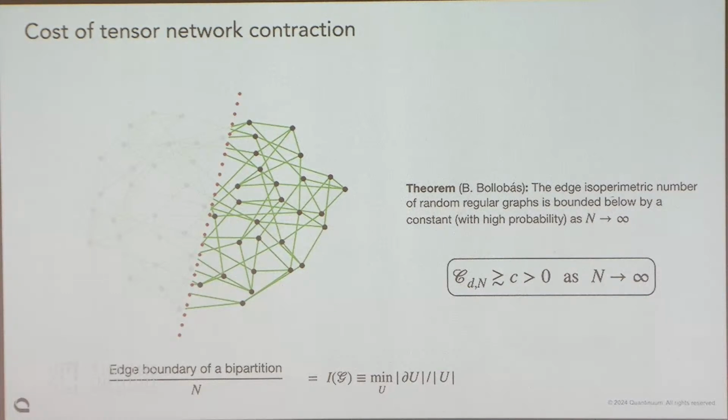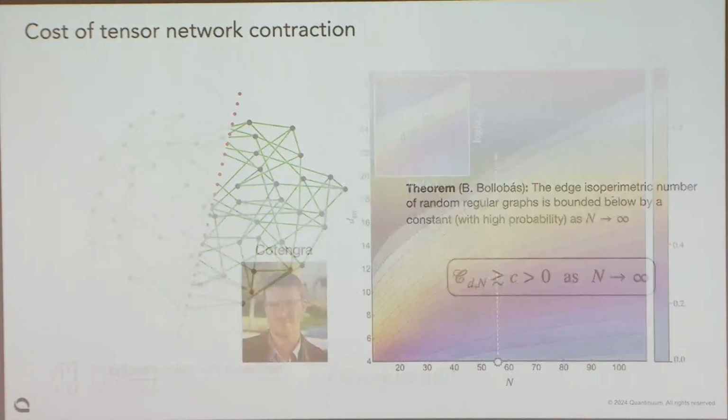What that means for us is that as we take n going to infinity, with high probability over the family of random circuits we're studying, the contraction density will not go to 0. It will be bounded below by a constant at any finite depth, that turns out to be greater than or equal to 3. So that's markedly different than circuits in any kind of geometrically local setting.